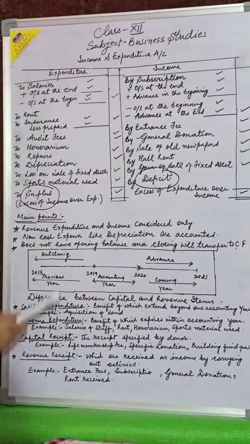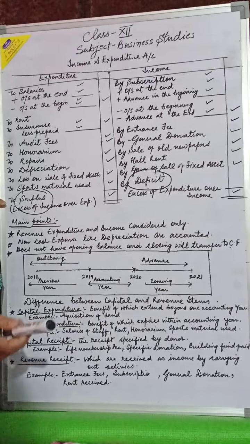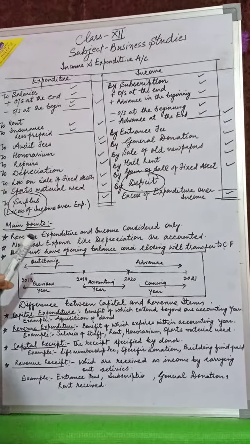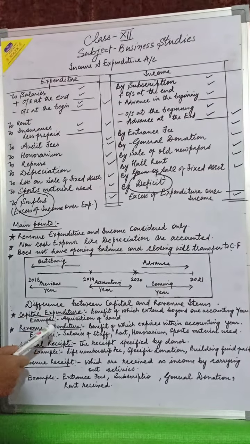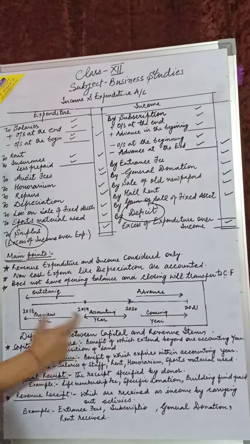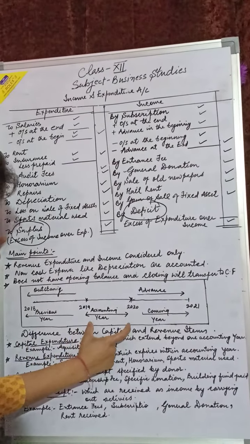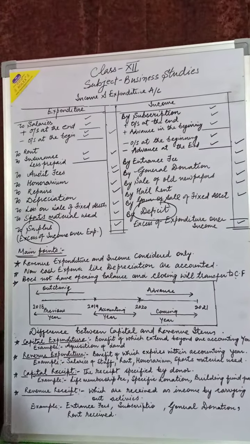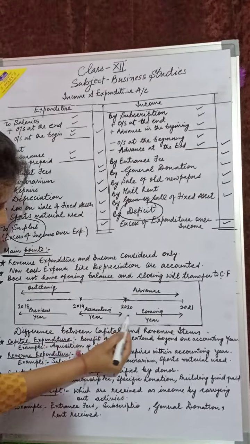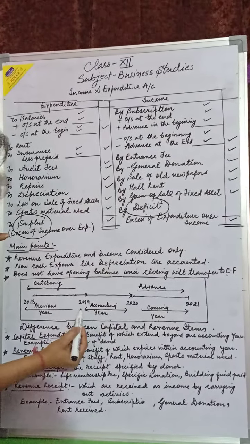If in your question the total subscription is given and also these points are given, you have to understand: suppose the financial year is 2019-20, this is your accounting year.